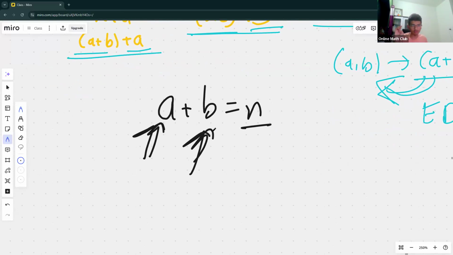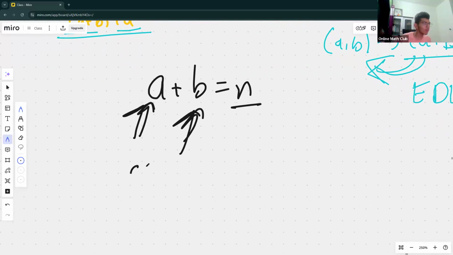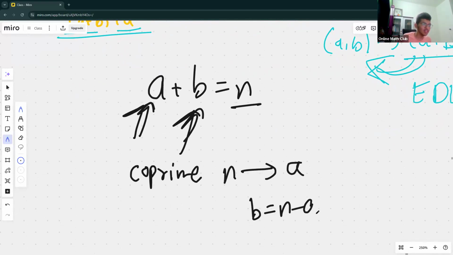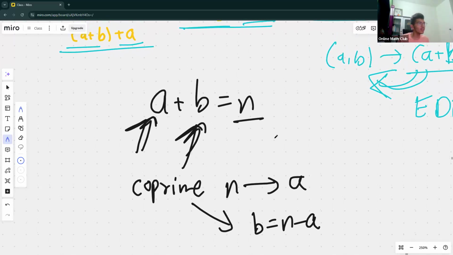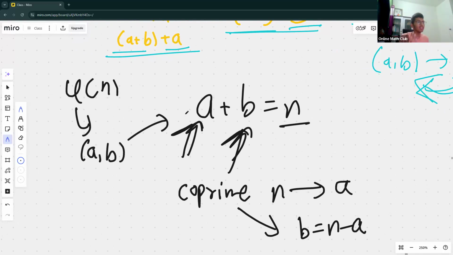Everyone agree on that also? So if you consider any number a co-prime to n, then b, which is n minus a, is also co-prime. So all we need to find is that the number phi of n is equal to the number of pairs a comma b such that a plus b equals n.